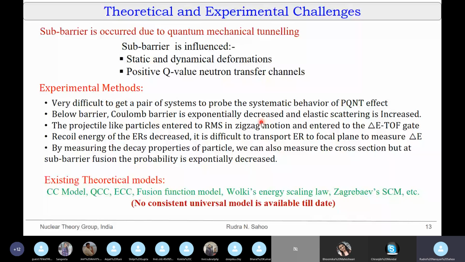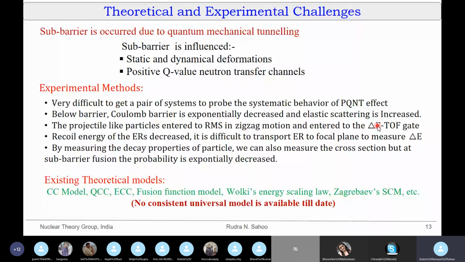Although, if you find a system to study the positive Q value neutron transfer channel effect, below the barrier it is very difficult to actually measure the cross section, because the elastic scattering probabilities get enhanced. That's why, when we are transferring the evaporation residue from the target to the focal plane, it is very difficult, because the elastic-like particles also go inside in a zigzag motion and interfere with the evaporation residue.